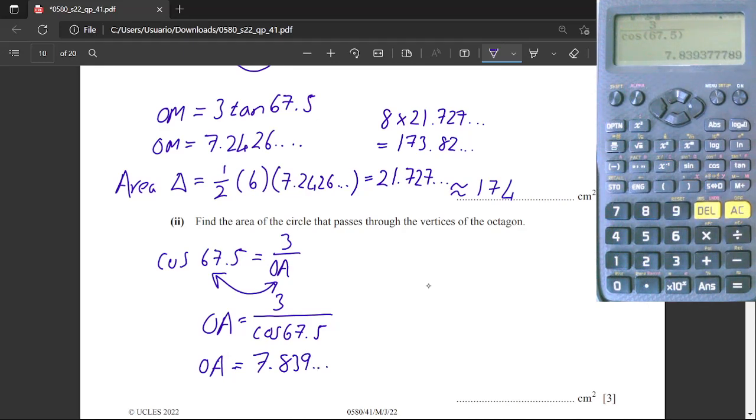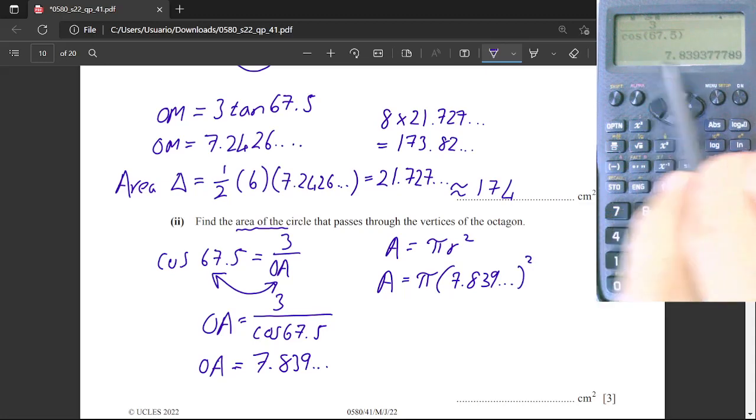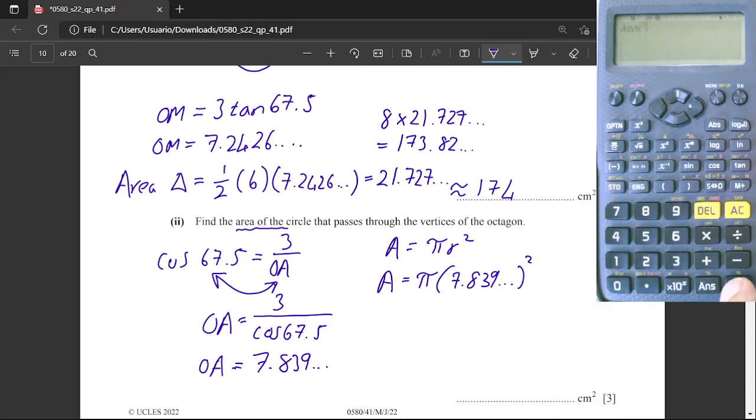Now remember, we're working out the area of a circle. The area of a circle is pi r squared. So it's going to be pi times 7.839 squared. Take this, square it, and then multiply it by pi.